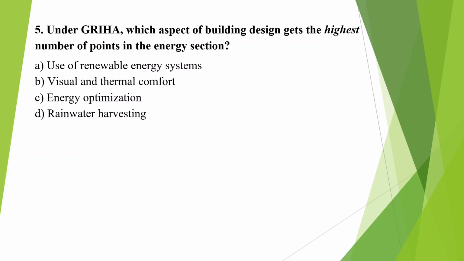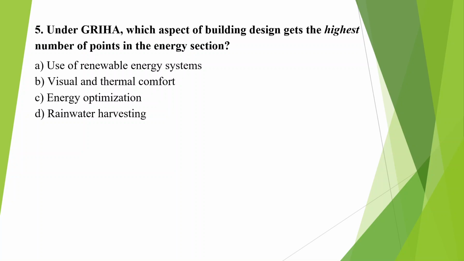And whatever other options have been mentioned, like renewable energy utilization, it has only 5 points. Fine. So your answer is correct. Option C is the correct answer for this question.